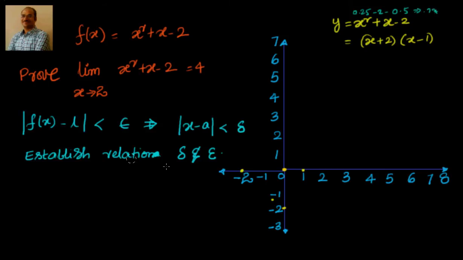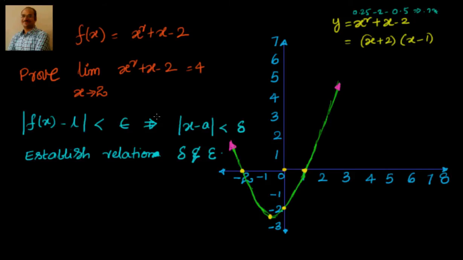So the vertex should be somewhere below, around minus 2.25. Let me put it there. Now let me join these points and make the curve. Now we have the graph. This is the function y equal to x square plus x minus 2. At x equal to 0, y is minus 2, and it has intercepts at x equal to minus 2 and 1 with the x axis. This is how the graph looks.